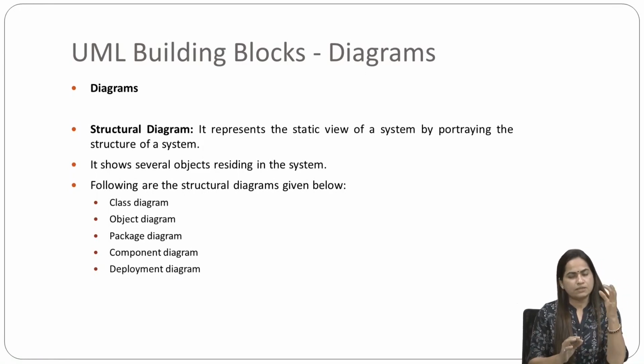Structural things, then the static portion of your system. Structural diagrams mean the static view of your system. By portraying the structure of a system, it shows the several objects residing in the system. Some examples of structural diagrams are class, object, package, component and deployment.